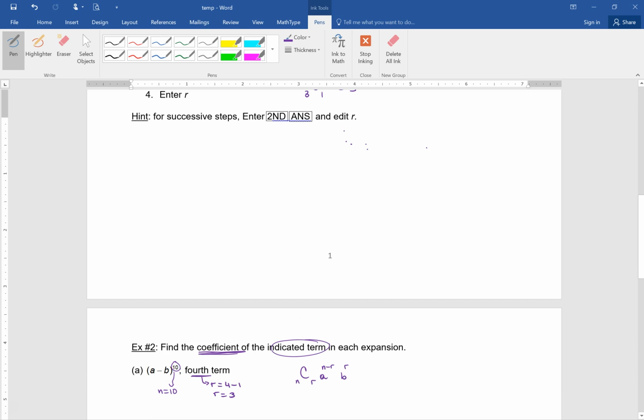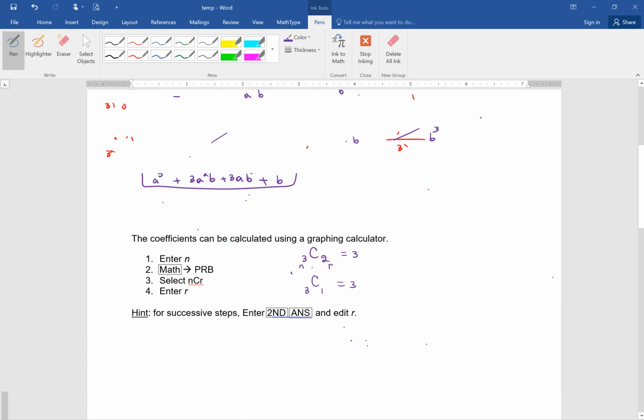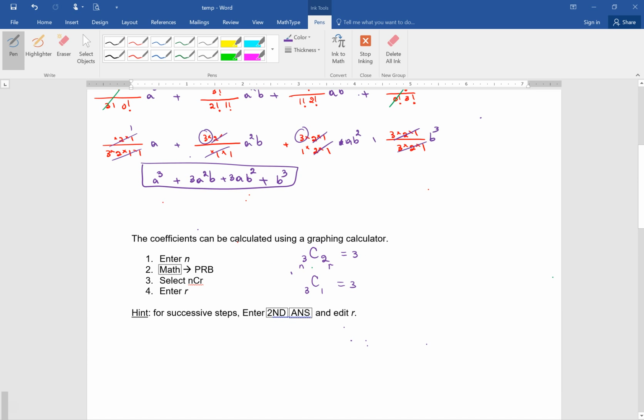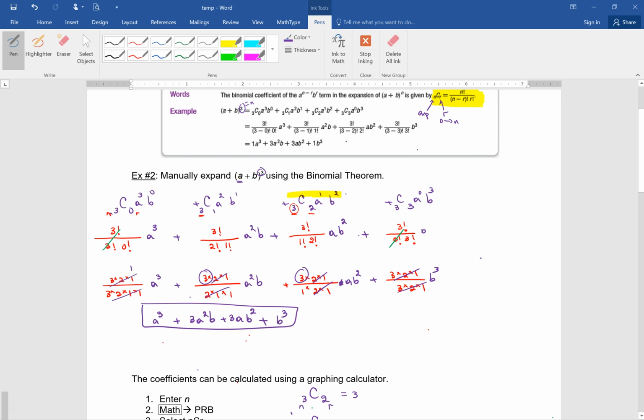So look at this term. Look here. Okay, look at this one. N is 3 here. N is 3. R is 1. What's the exponent of the first one? N minus R. What's the exponent of the second one? R. Always. That's how it's generated.